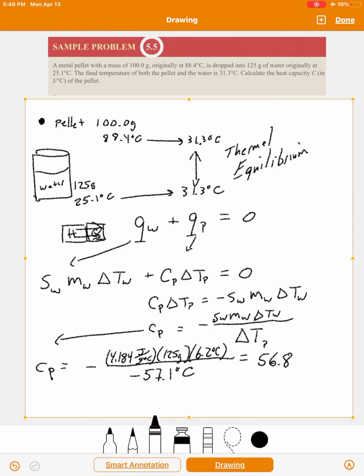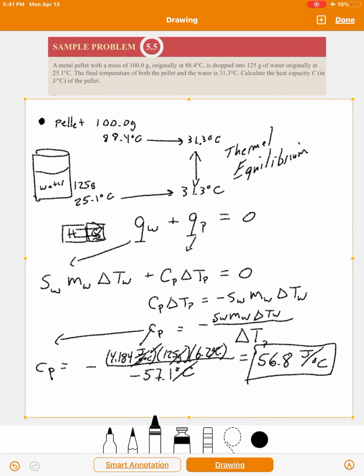And let's make sure we get the units. It's degrees C here, degrees C there. So then we have grams here and grams there. So joules divided by degrees C. And yeah, they tell you it's going to be in joules per degree C, and that's what the units work out to. So that's the heat capacity.